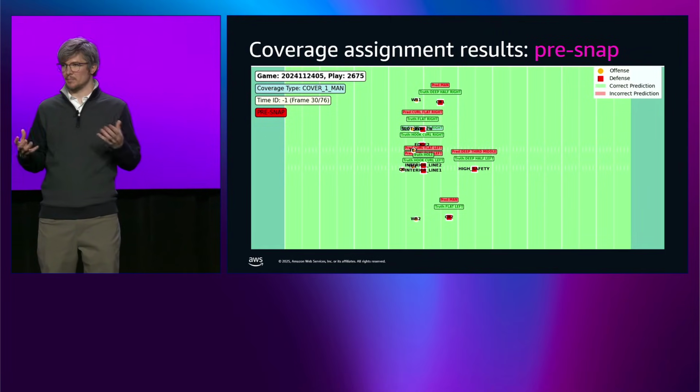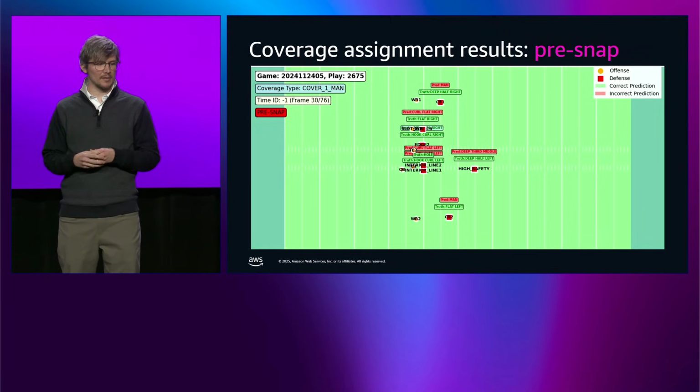Now, let's go beyond just the film and get back into the data, and I'll hand it off to Chris for that. Yeah, so let's take a look at what the model's actually doing for us here. We've already established that we can classify coverage at the play level, but our coverage assignment model goes beyond that.